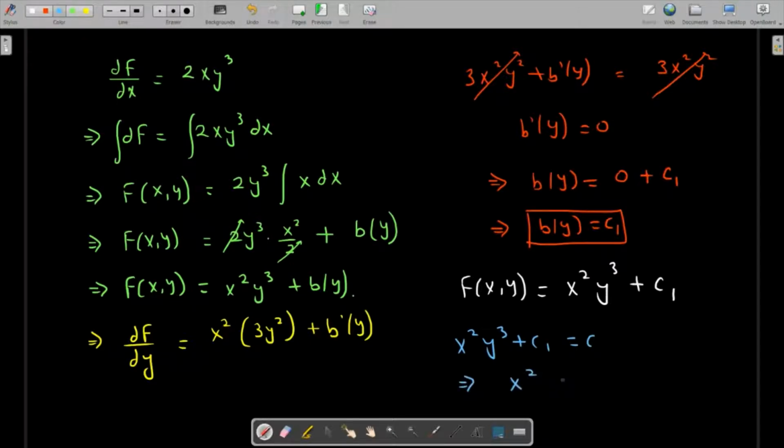So we can write that x square y cube is actually equal to another constant c2. So this will be the final answer for this particular exact differential equation.